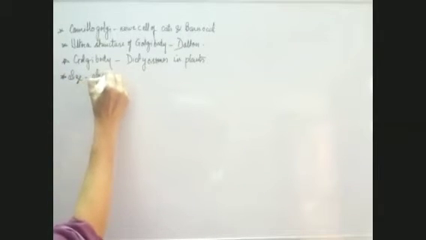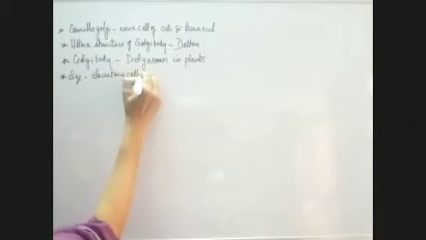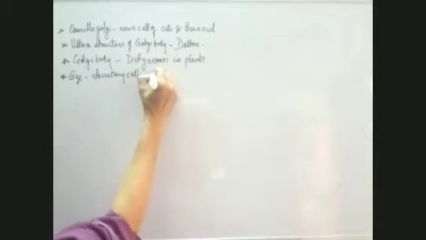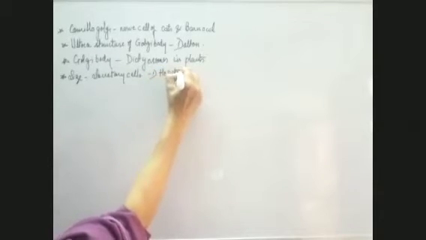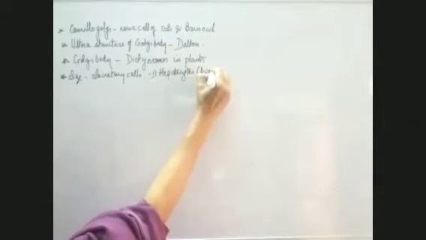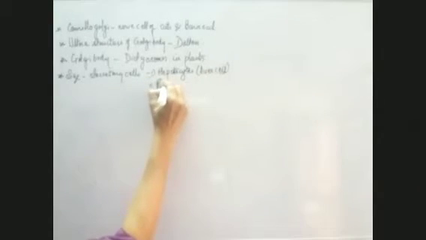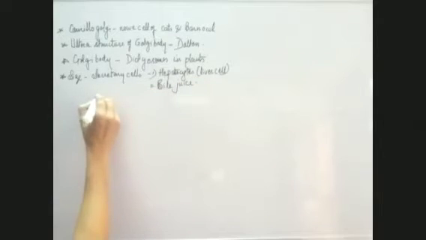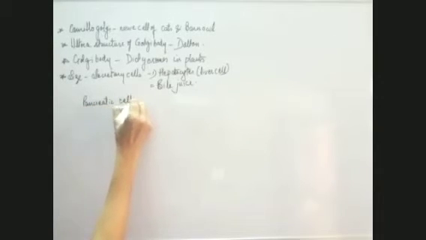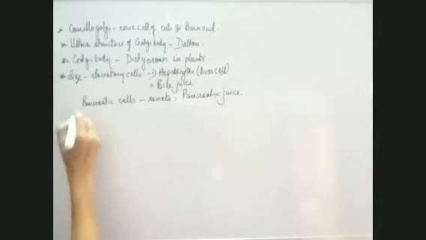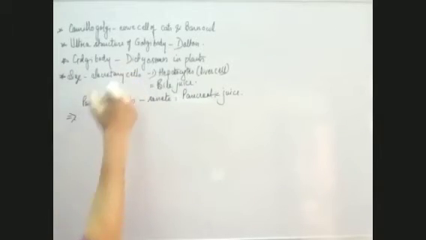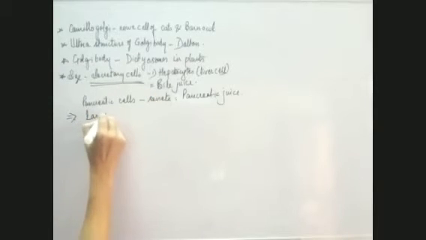If the cells are secretory in nature, like hepatocytes, which are liver cells responsible for secreting bile juice, or pancreatic cells, which secrete pancreatic juice, the Golgi bodies are larger in size.